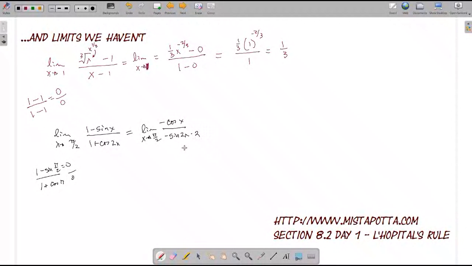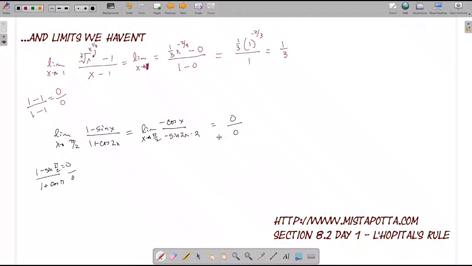And now at this point, if I try and substitute, cosine of pi over 2 is 0, sine of pi is 0, which is going to cause me some more problems. I still end up with this 0 over 0 business.